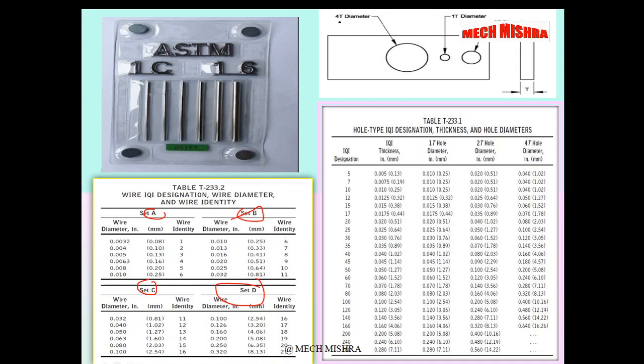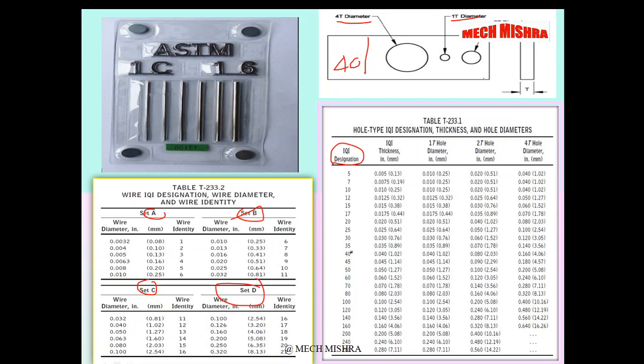We have already seen there will be 3 holes, of 1T diameter, 2T diameter and 4T diameter, where T is the thickness of the IQI. Here are the IQI designations, the numbers we have seen, like 40, which is the IQI designation.